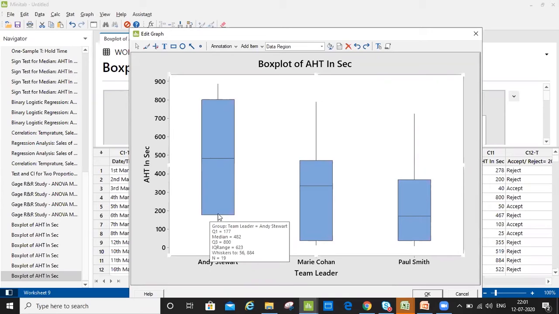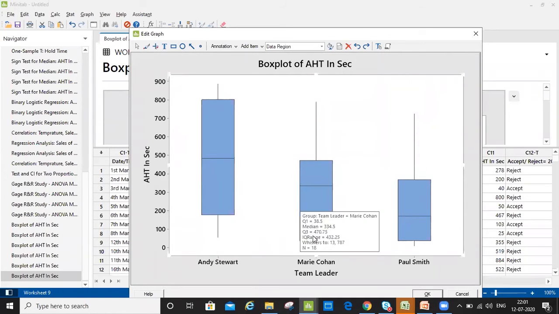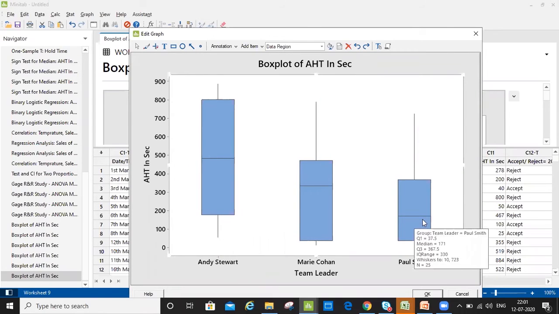So IQR is a deciding factor which tells me which has less variance. Apart from IQR, you see that Andy Stewart.